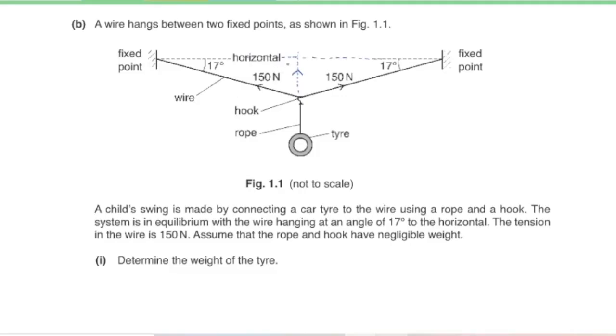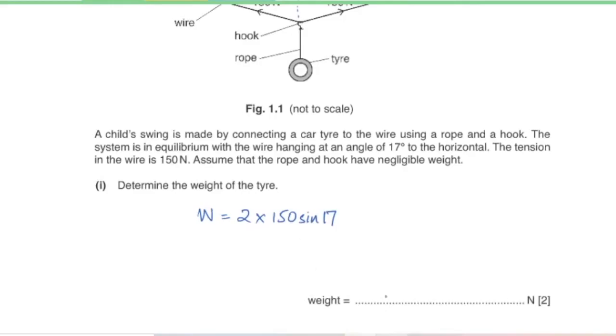So for the left part, the vertical component is going to be 150 sine 17, and for the right part, it is again 150 into sine 17. So our weight is going to be equal to the sum of these two forces, so 2 into 150 sine 17. Hence, the weight of the tire is 88 newtons.